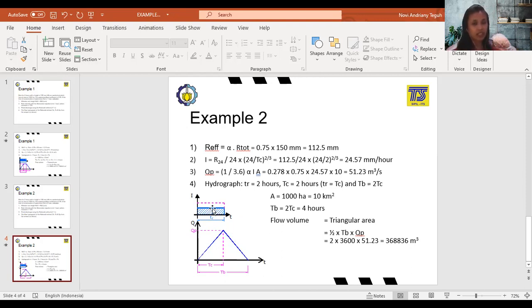But it's still a triangular area, and how to calculate the flow volume is still the same, the same way you calculate the area of this triangular thing. The difference is only in the numbers. You cannot make an assumption that the time base equals 2 times time of concentration, because the right side and the left side are different.